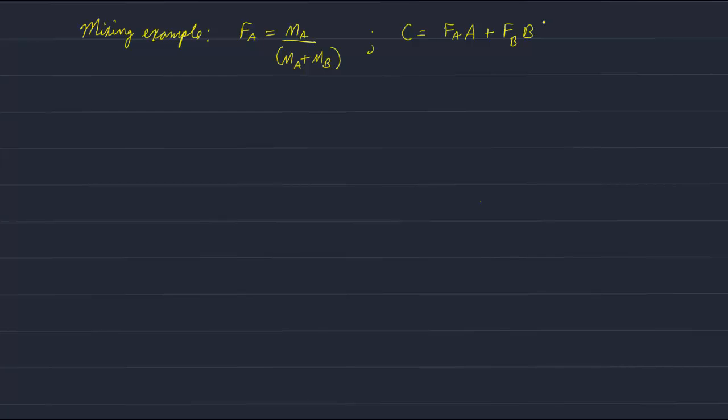So now, in addition to A and B being uncertain, let's say that the mass fractions are uncertain. So FA is equal to an estimated or measured value plus and minus an uncertainty, and likewise FB is a measured or a most likely value plus and minus its uncertainty.